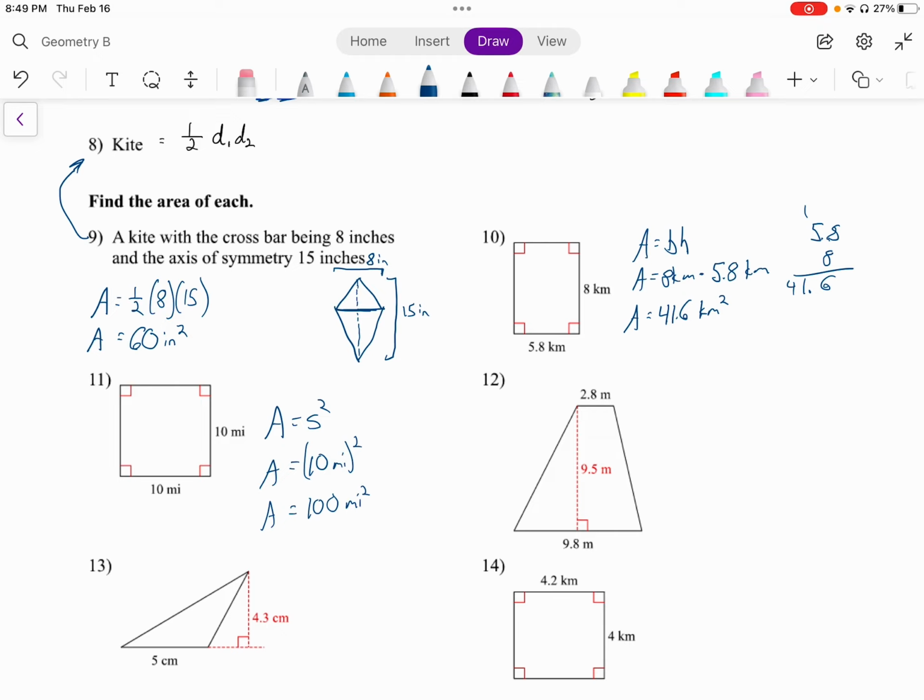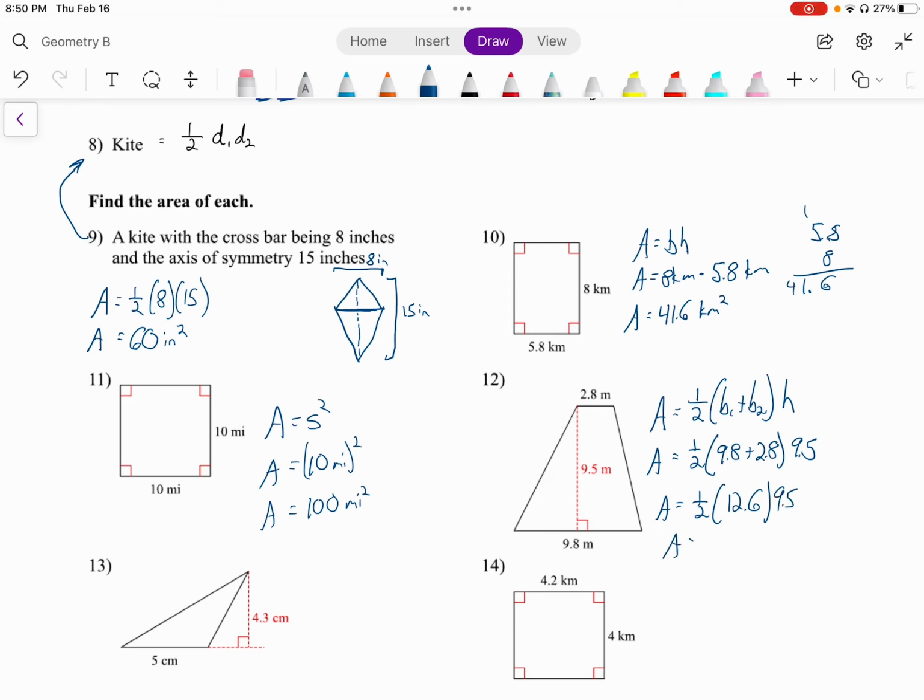Next one, that is a trapezoid. So area of a trapezoid is 1/2 base 1 plus base 2 times the height. We remember that as the average of the bases times the height. We can plug those things in there. We'll do base 1 is 9.8 plus base 2 is 2.8 multiplied by the height of 9.5. And we're going to just work our way through this. 9.8 plus 2.8 is 12.6 times 9.5.